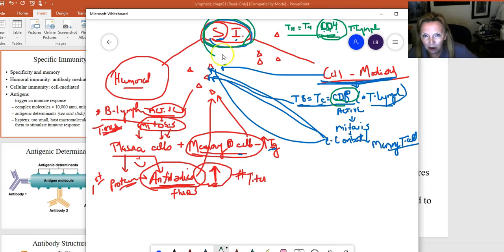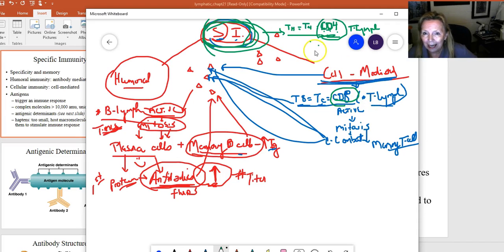But what we know is that your entire specific immunity hinges on these guys. Because it is these special kind of T lymphocytes, the CD4s, the helper Ts, that actually alert humoral immunity and cell-mediated immunity cells.